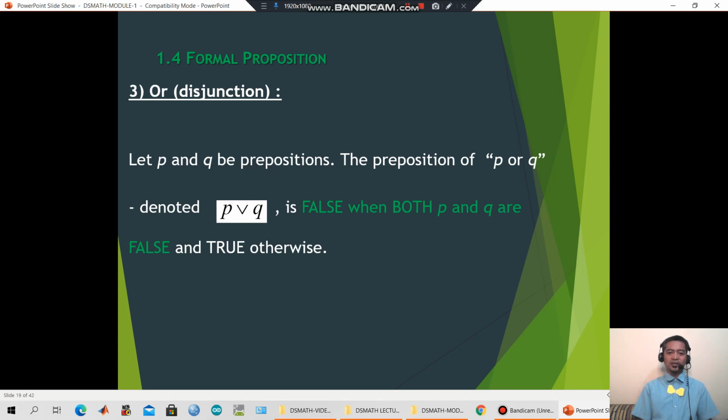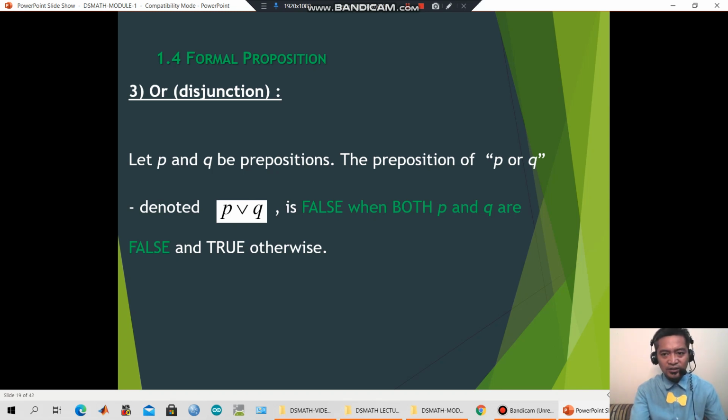So, ano ibig sabihin? Kapag magkakaroon lang ako ng false, wala na akong chance na magkaroon ng totoo pag pareho silang false. So, ibig sabihin, yung the other three combinations, always true na sagot. Basta magkaroon lang ako ng at least isang totoo or true, that is actually true. So, yun yung ating disjunction.